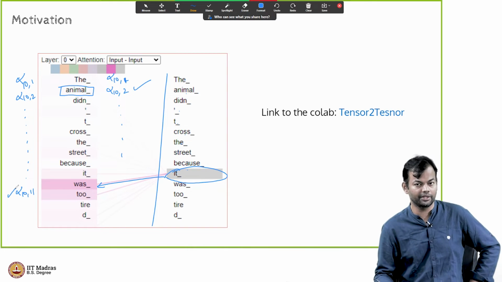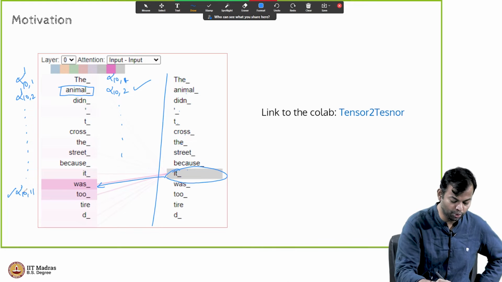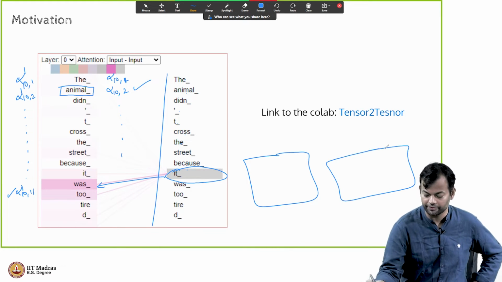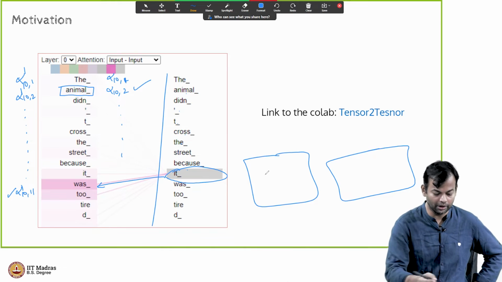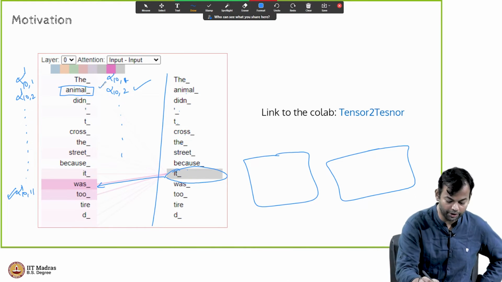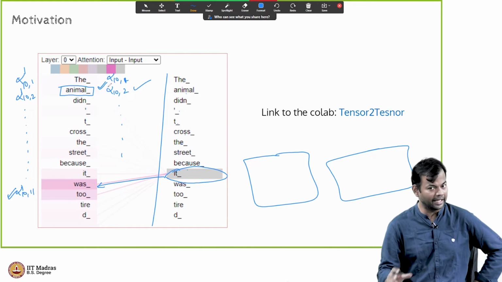One way of dealing with this would be to have two separate attention heads and compute two alphas, one from one block of self-attention and another from the other block. This block could learn to give more importance to this alpha, and the other block could learn to give more importance to that alpha. Of course, this is slightly make-believe.